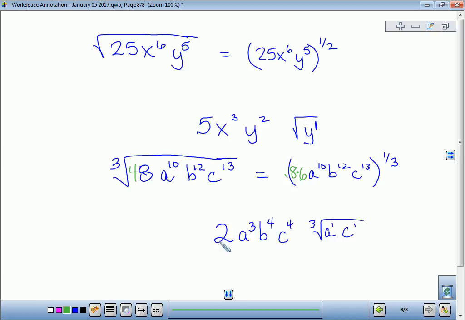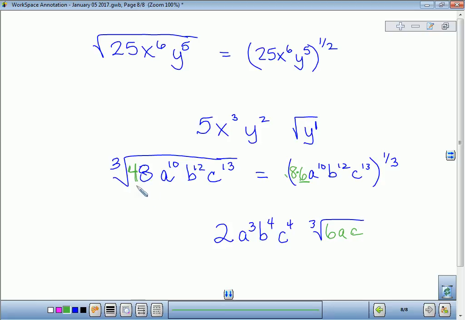The cube root of 8 is 2. We don't know the cube root of 6, so where would it go? It would go under the radical. I changed the problem. I said, what if instead of this being 8, it were 48?